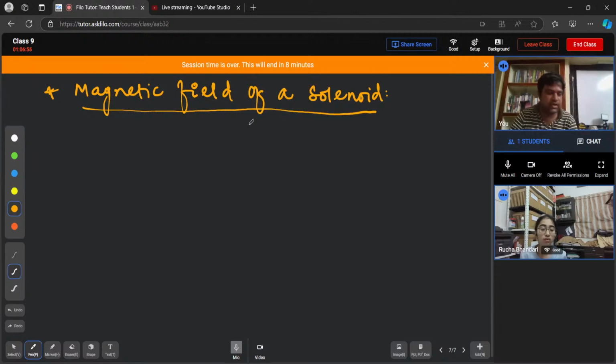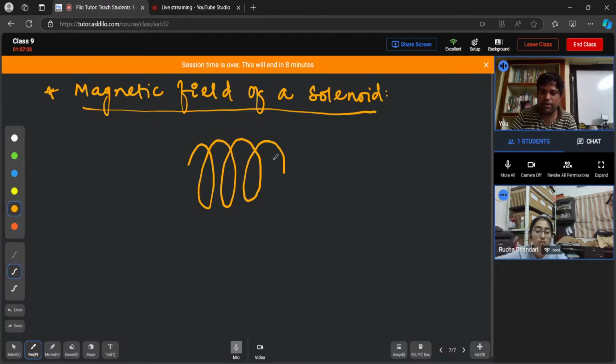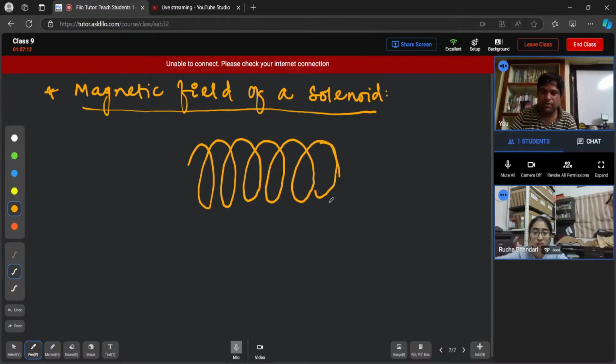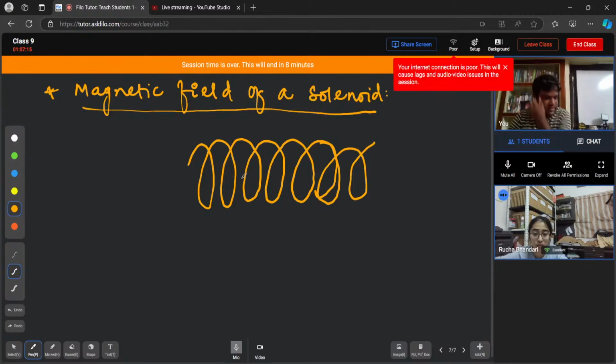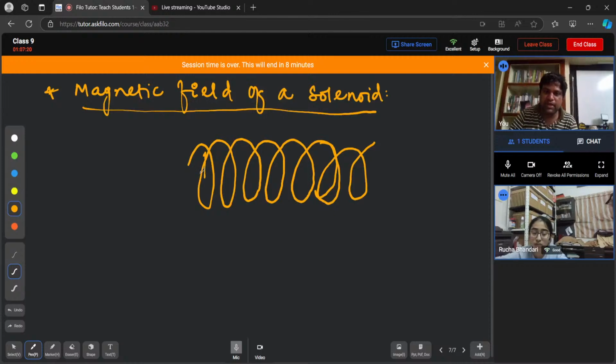A solenoid is basically a helical type coil. Basically, we consider the radius of the coil must be less than the length of the coil.